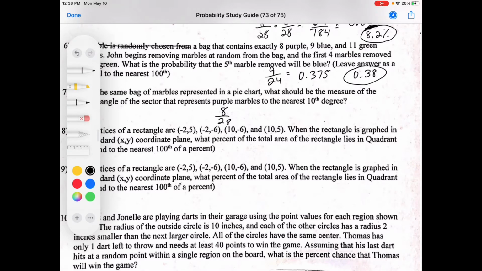And so a pie chart is just a circle graph, and we want to convert 8 out of 28 into degrees. And so what we could do is say 8 over 28 equals how many degrees out of 360? And we could solve that proportion. That'd be 28x equals 8 times 360.